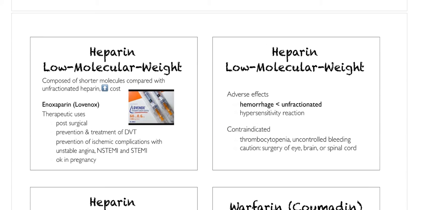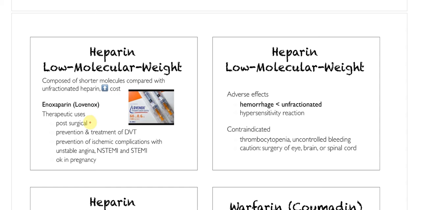Low molecular weight heparin, also known as enoxaparin or Lovenox, is another medication that you're going to see a lot in the hospital, and this is the one that I've seen more often used directly on post-operative patients because it's generally easier and has fewer side effects, but it is more expensive.